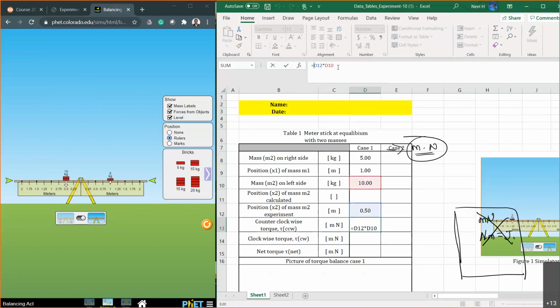So let's add a negative sign here, or you can multiply this by -1. That negative sign tells you the direction of that torque is towards negative. Sorry, counterclockwise is actually positive. So this should be multiplied by only +1, or you don't need to multiply at all, just leave it like that.